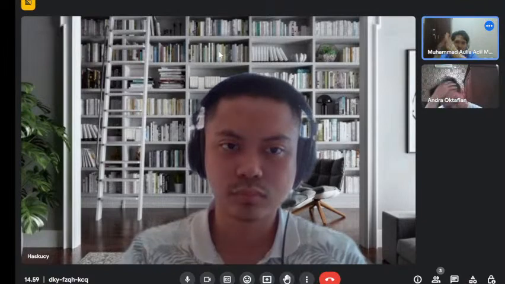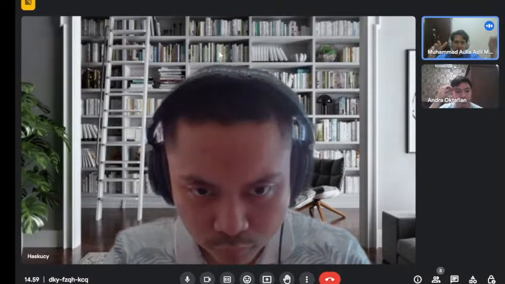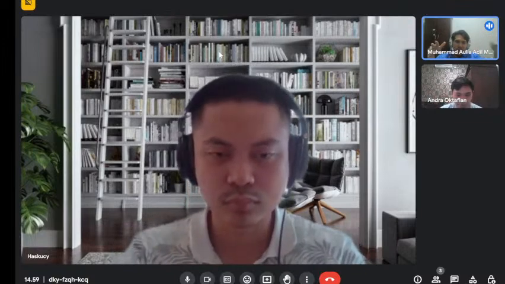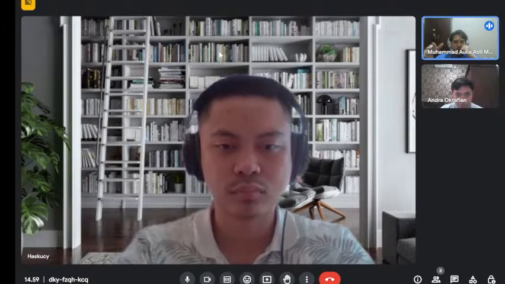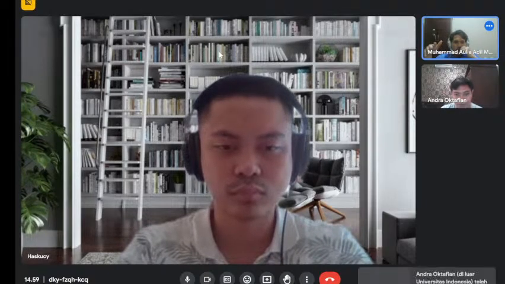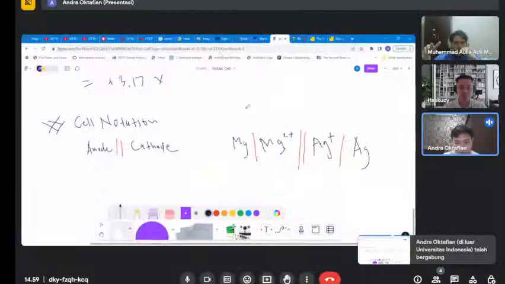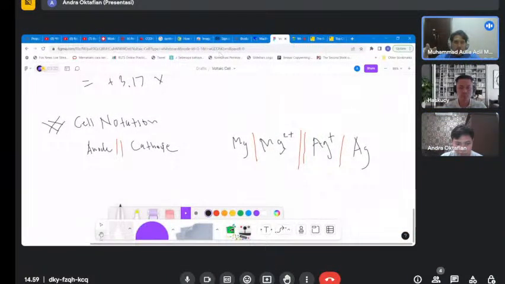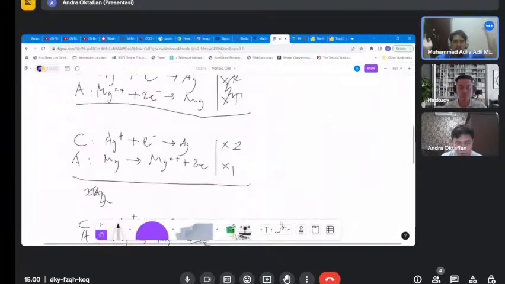That notation Ag // Ag+ // Mg2+ // Mg. Back again to your presentation, Andra, please. Yeah, so people in engineering use this simple notation and they literally scale it up.